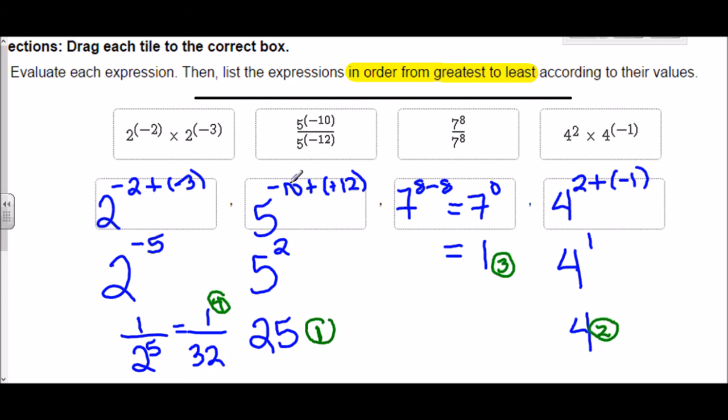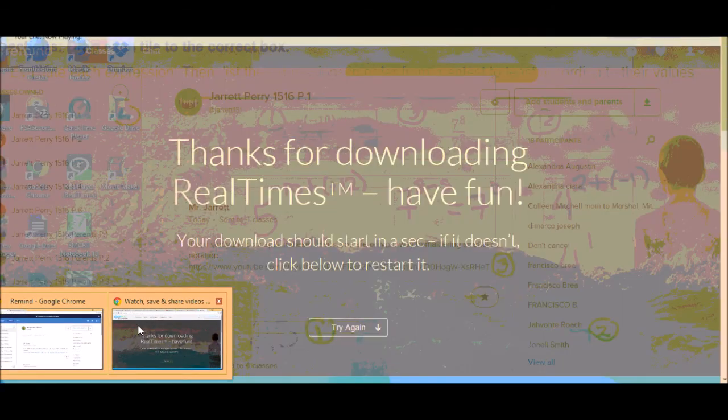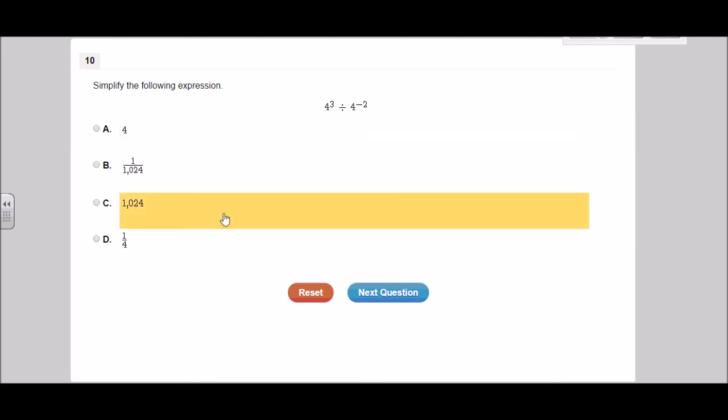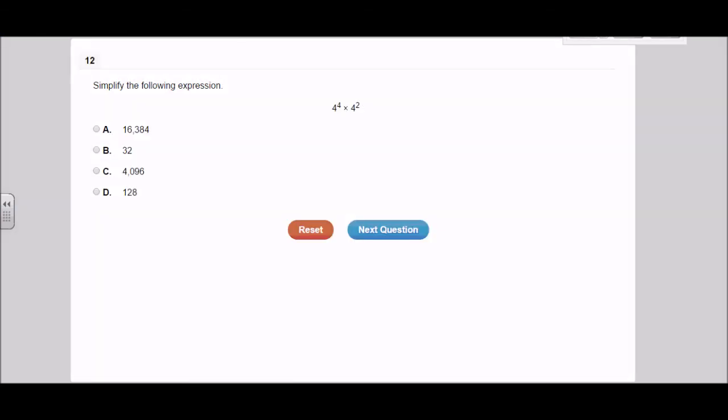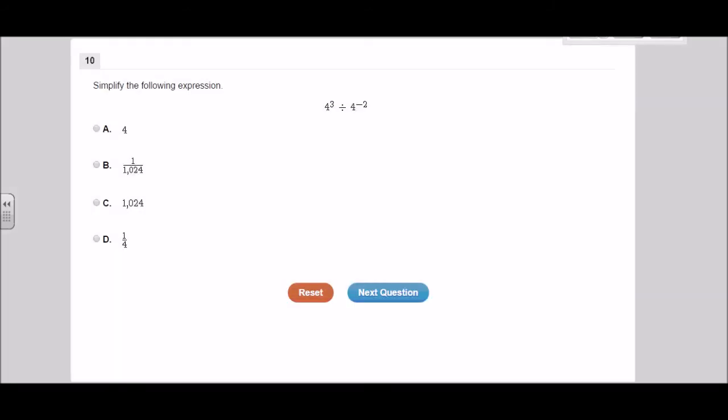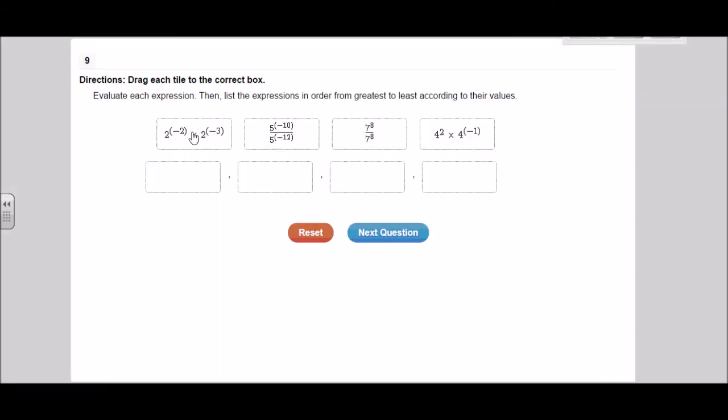So I knew that this came first, and this is 1, 4. So what I would do on the actual test, if I can find that really quickly, is I just have to slide my answer choices in that manner.